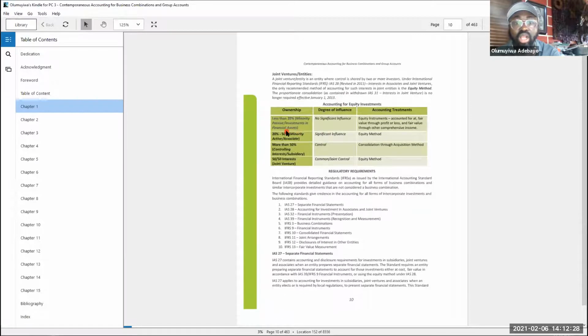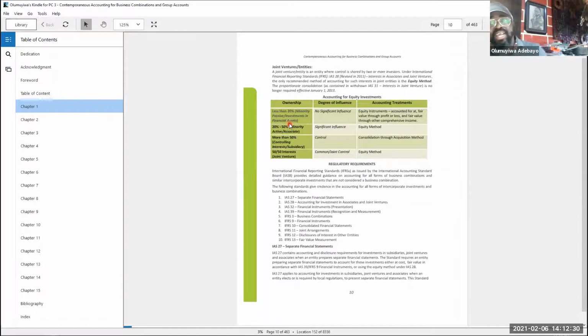Now, when you invest by equity in a company, even though if you look at what Shegun read, there's a rebuttable presumption that it might not be in all cases. But on average, whenever your investment falls below 20%, we consider such investment in the equity of another entity as something that barely gives you significant influence.